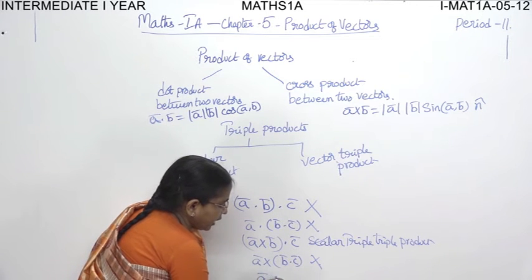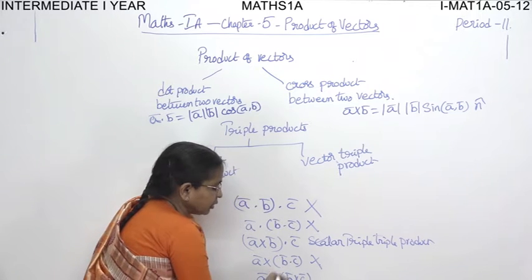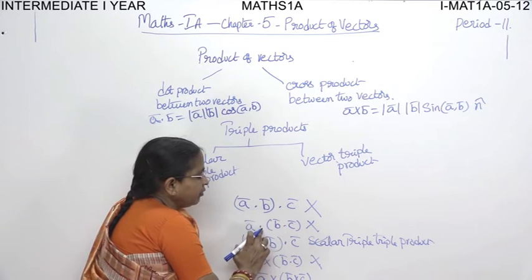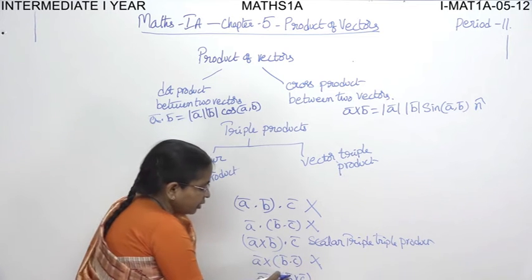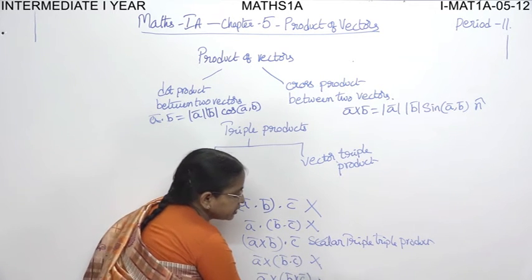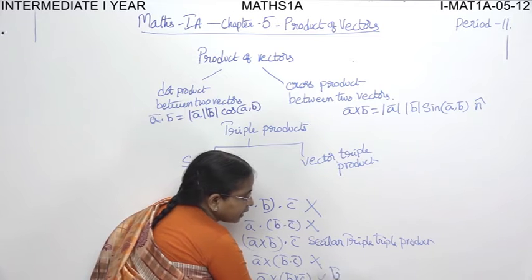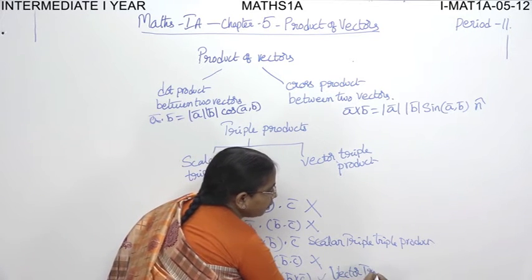Now I take both cross, A cross B cross C. Both dot, one cross, and then both cross. So here it is a vector. Vector cross vector is defined. So this is called the vector triple product.